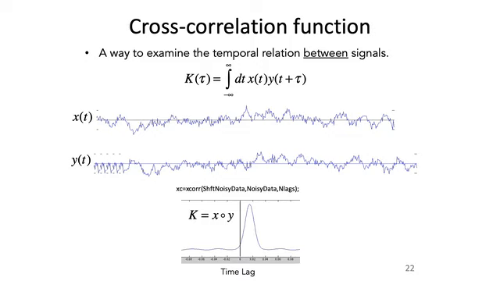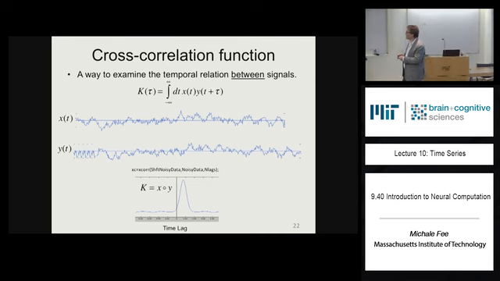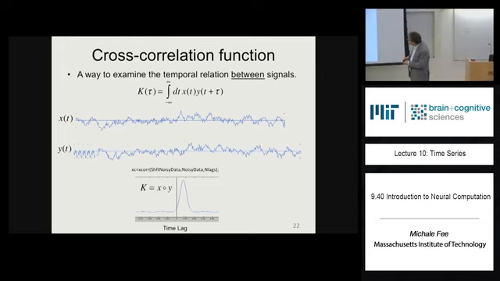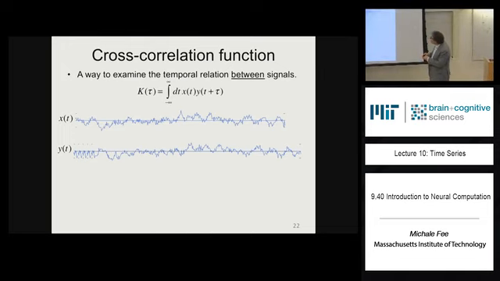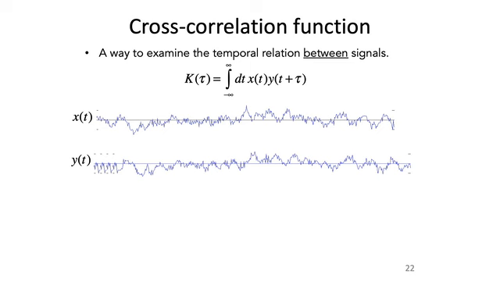So k is the cross-correlation, sometimes called the lag cross-correlation, of x and y. That little circle is the symbol for lag cross-correlation. You can see that at a particular lag, like right here, the positive fluctuations in this signal are going to line up with the positive fluctuations in that signal.